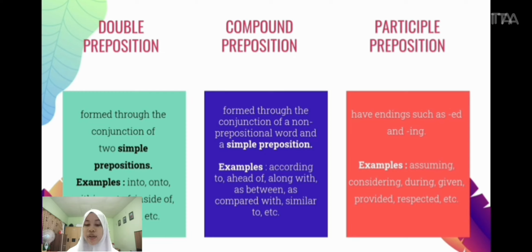Examples: according to, ahead of, along with, as between, as compared with, similar to. And the last is participle preposition. It has endings such as -ing. Examples: assuming, considering, during, given, provided, and respecting.